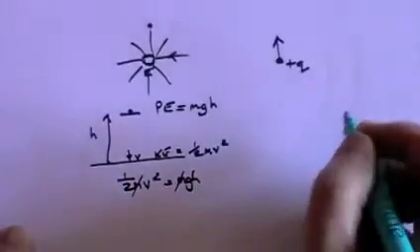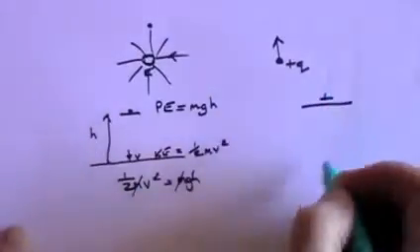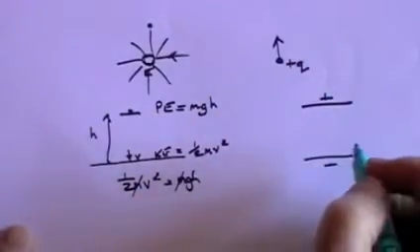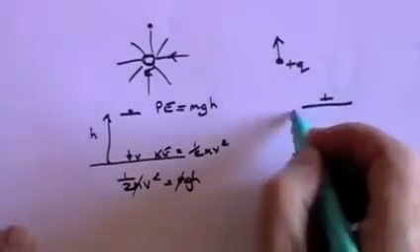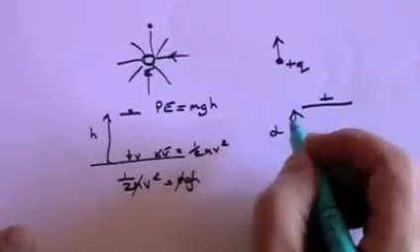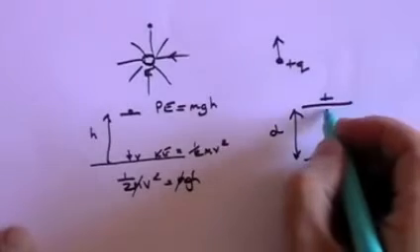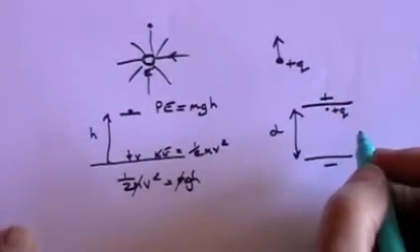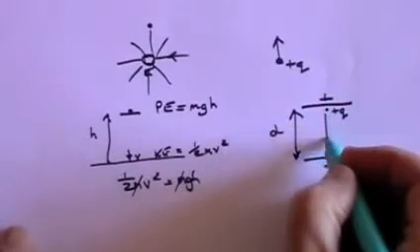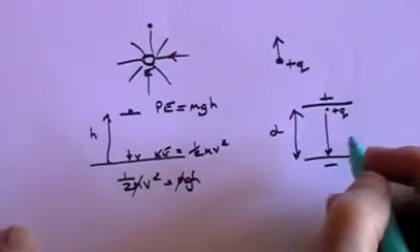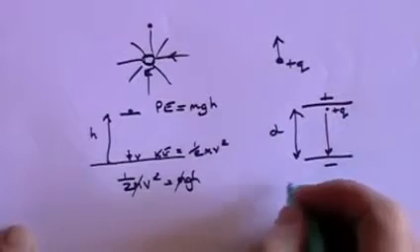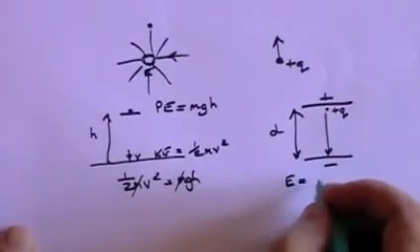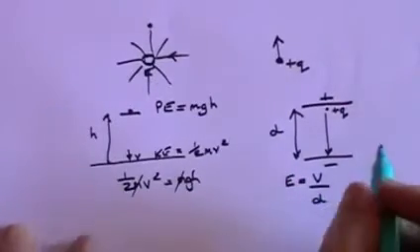By contrast, if you have two parallel plates a distance d apart, and you have a positively charged charge, a little q, that will accelerate towards the negative plate. And what we've shown is that the electric field is equal to V divided by d.